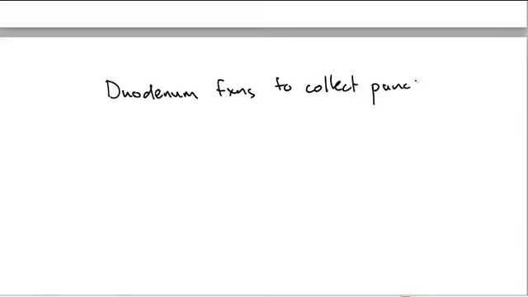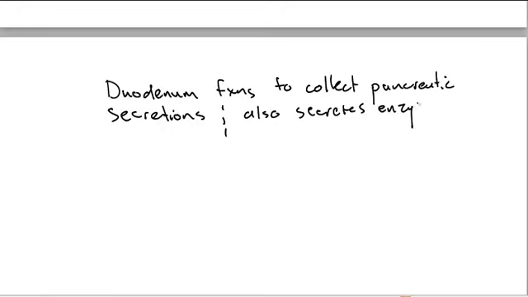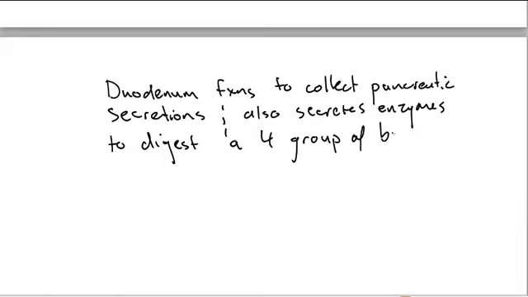Duodenum functions to collect pancreatic secretions and also secretes enzymes to digest all 4 groups of biological molecules.